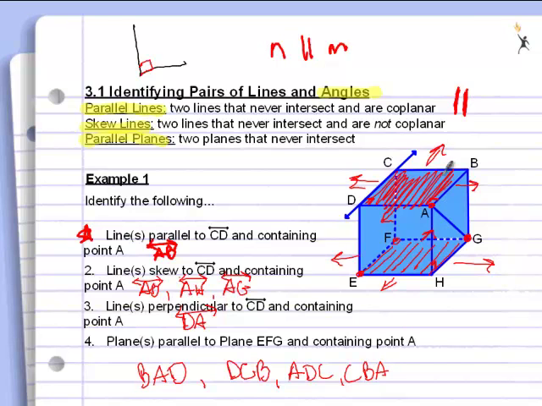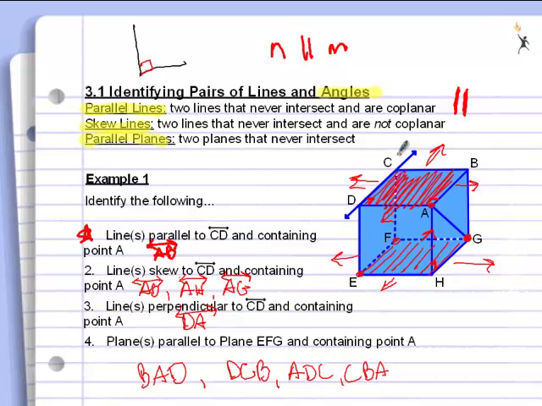You could have also gone counterclockwise and had all those backwards. It doesn't matter. Any of those 4 answers or any combination works. But again, that's the only plane that is parallel to EFG and contains point A.